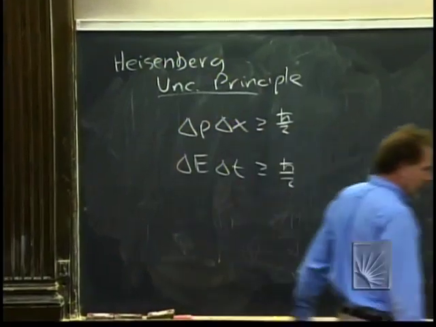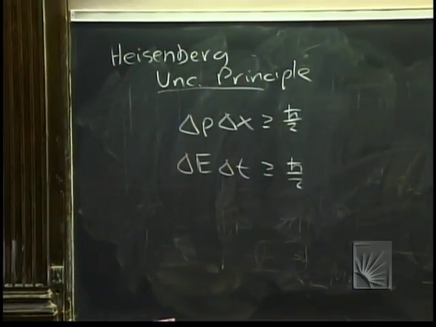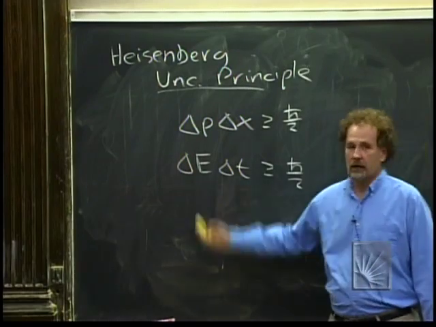This one's even, in a way, weirder, I think, than delta P, delta X having an uncertainty. We certainly believe in energy conservation. But in the subatomic world, on a short time basis, I can have energy not conserved.